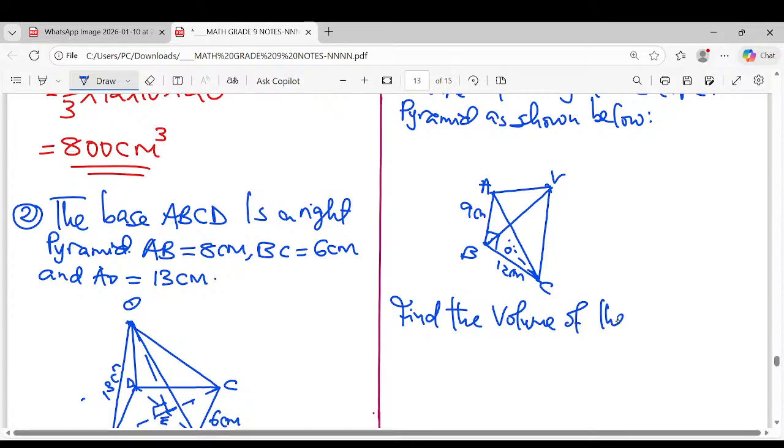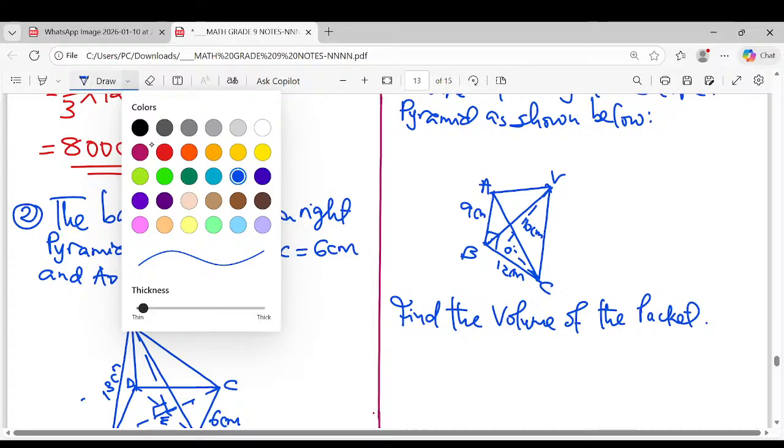Remember, we said that the volume is, there is this vertical height from the vertex V there, this dotted line, it is 10 centimeters. That's 10 centimeters.